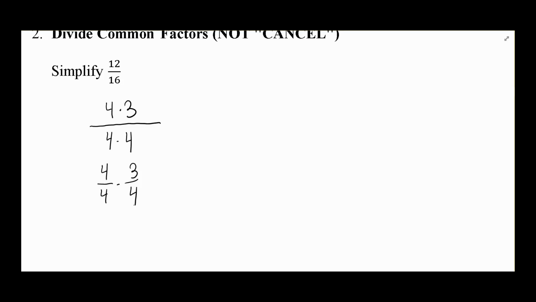So we're going to rewrite this as two separate fractions, and that's okay because of how we multiply fractions together. When you're multiplying fractions, you multiply across the top and multiply across the bottom. So undoing them is perfectly fine the same way. So then we want to say, well, what's going on over here? What's 4 over 4?